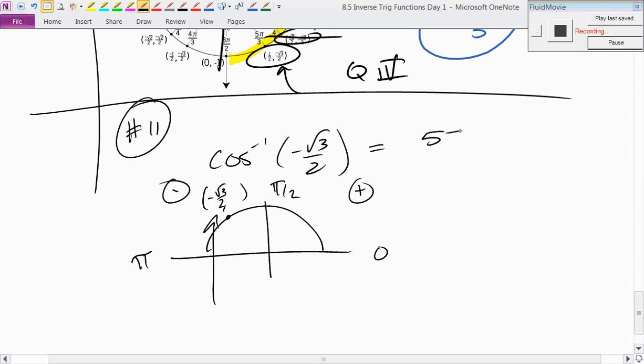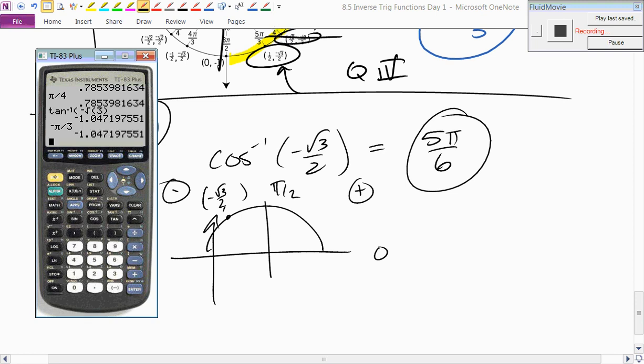There you go. So we want to keep our answer in radians. We can check to see if we did this right. We could ask the calculator for the inverse cosine of negative root 3 all divided by 2. And it spits out a positive 2 point blah, blah, blah. That's 5 pi divided by 6. Look, exactly the same thing.